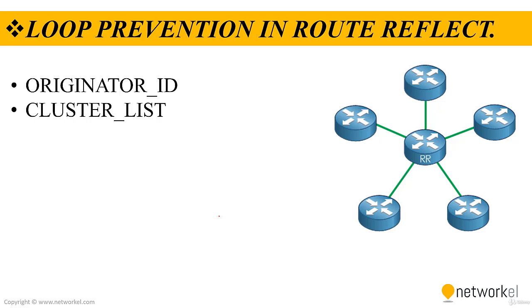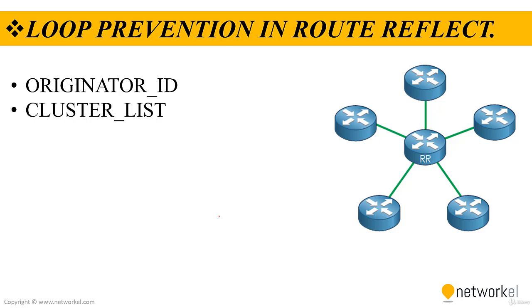The originator ID is an optional non-transitive BGP attribute created by the first route reflector, and it sets the value to the router ID of the router that injected and advertised the route into the AS. If the originator ID is already populated on an NLRI, it should not be overwritten. If a router receives an NLRI with its own router ID in the originator attribute, the NLRI is discarded.